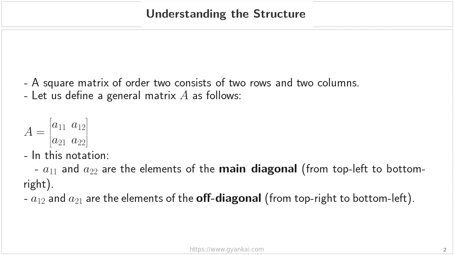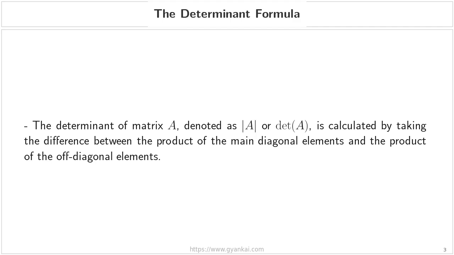Now that we know a determinant is a single scalar value, let's take a closer look at the structure of the matrix we are working with. The determinant formula. The determinant of matrix A, which you will see written in your textbooks either as the letter A enclosed in vertical bars or as det of A, is calculated by finding the difference between 2 specific products.